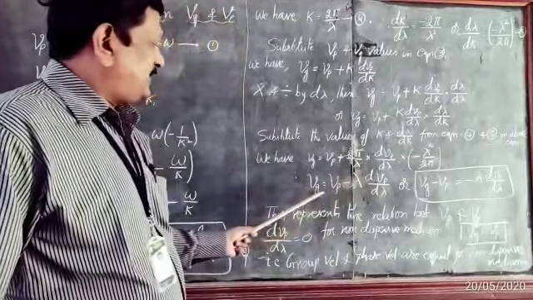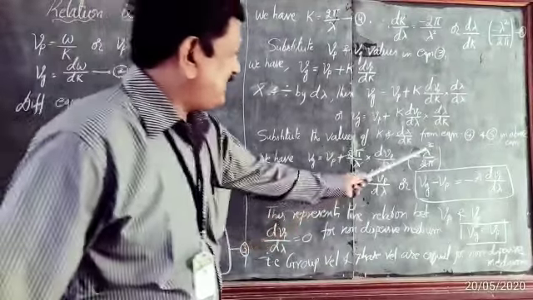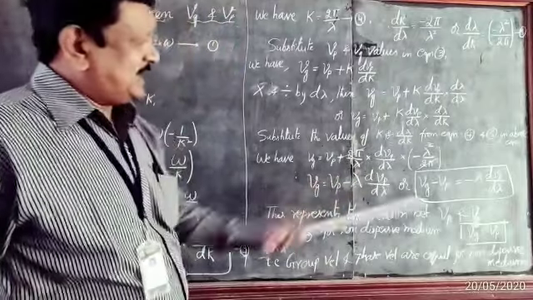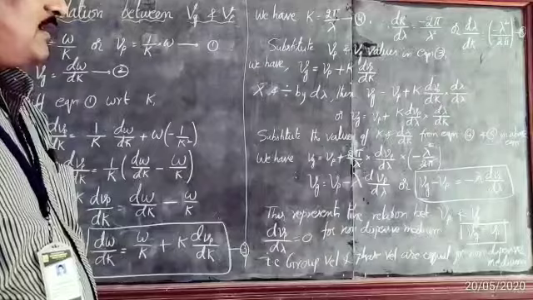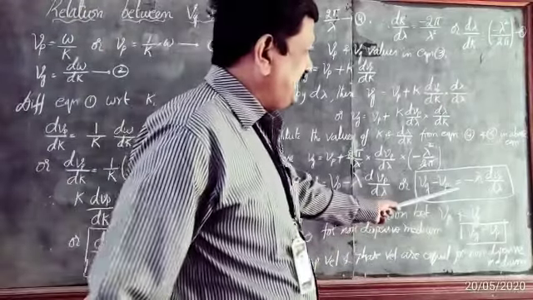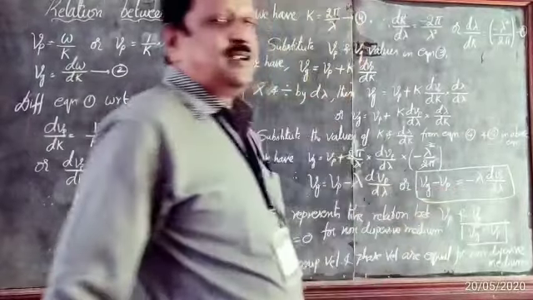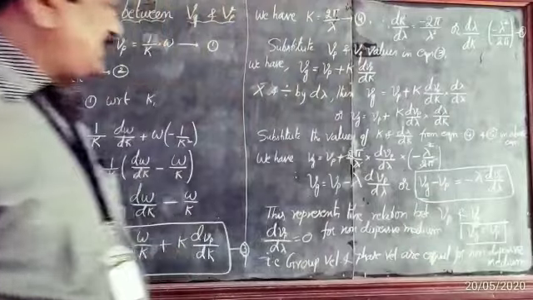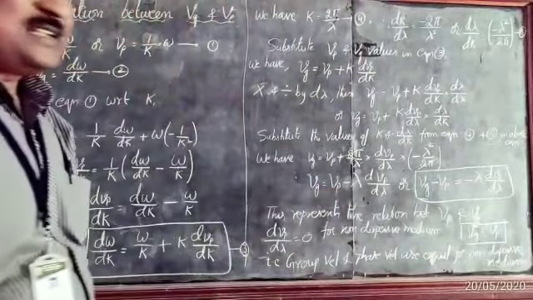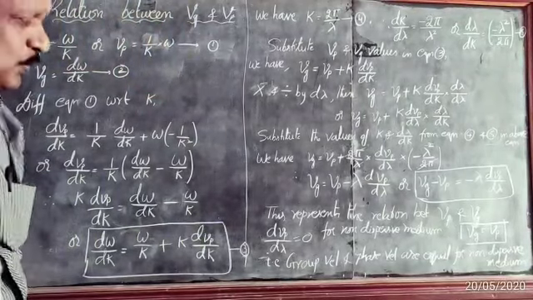Next, Vg is equal to Vp minus lambda into dVp by d lambda, or Vg minus Vp is equal to minus lambda into dVp by d lambda. This equation represents the relation between phase velocity and group velocity.